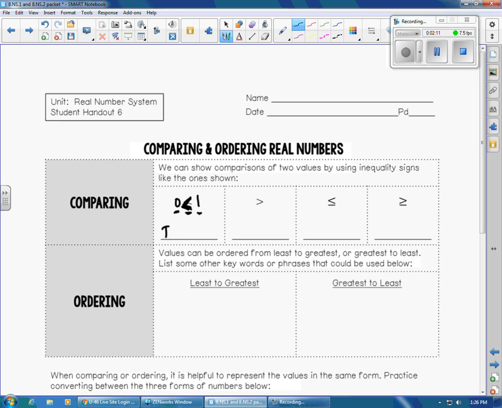So this one is less than, and of course the next one would be greater than. This one is less than or equal to. And this one would be greater than or equal to.